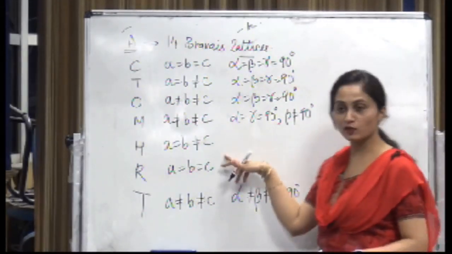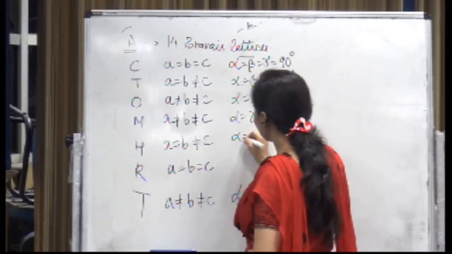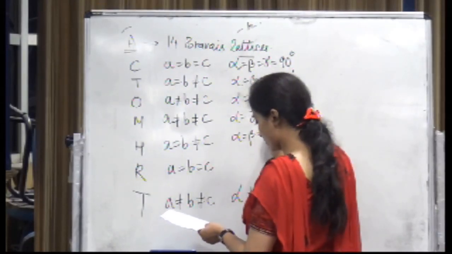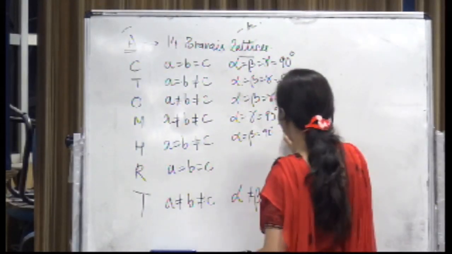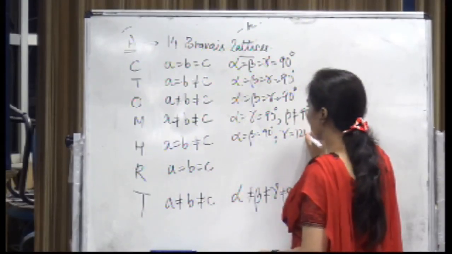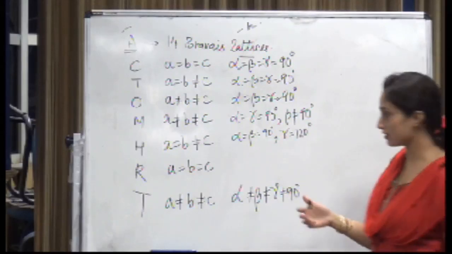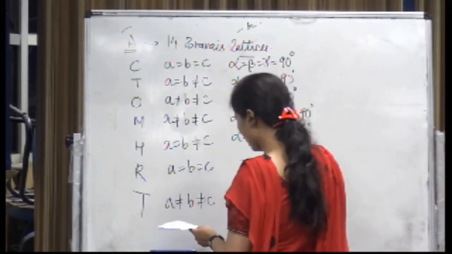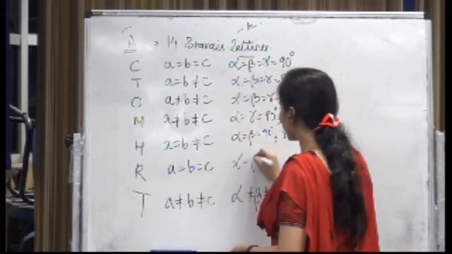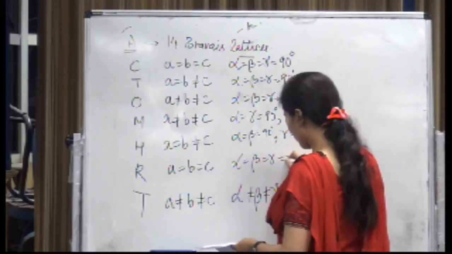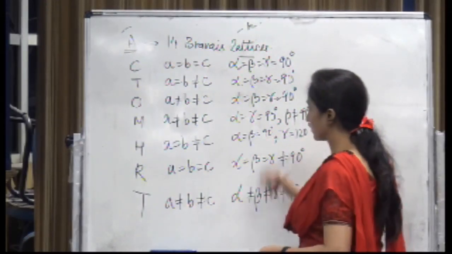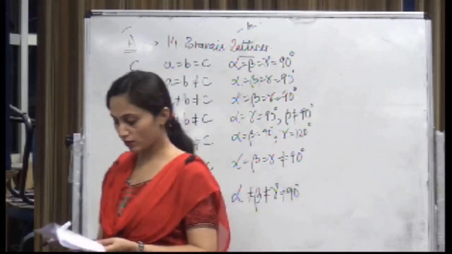And for the hexagonal, you have alpha equal to beta is equal to 90 degrees, and gamma is equal to 120 degrees. And then for rhombohedral, you have alpha equal to beta equal to gamma but not equal to 90 degrees. So a little bit here that you will have to think about.